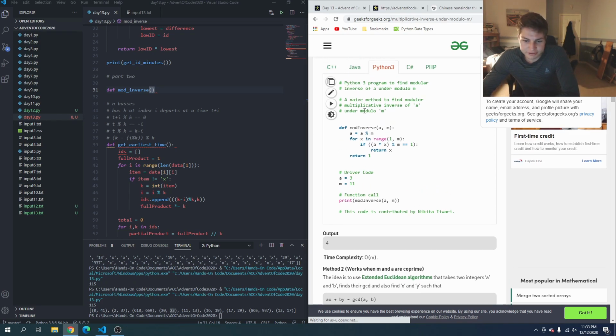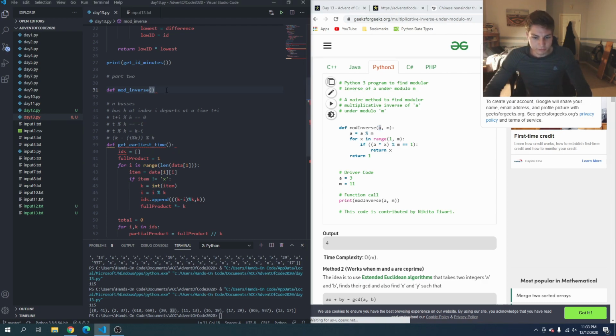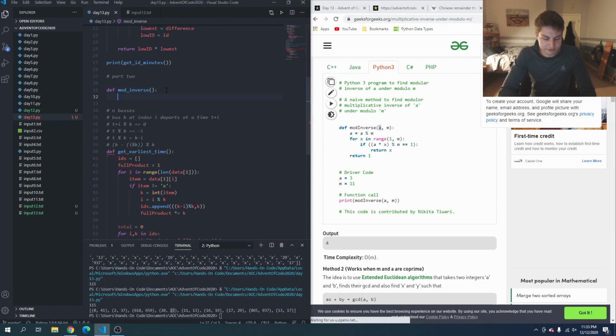So what mod inverse gives us is, find some x such that a times x mod n is equal to 1.